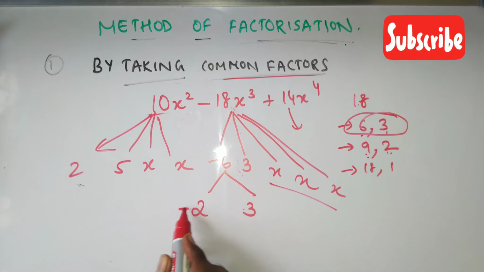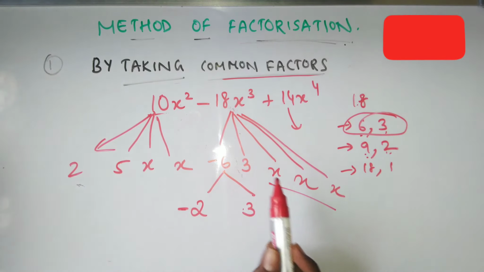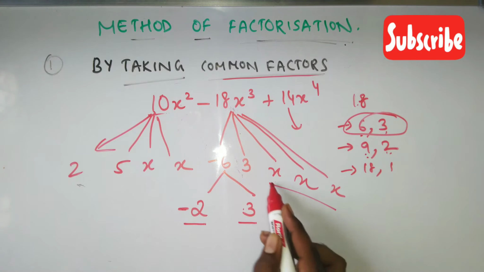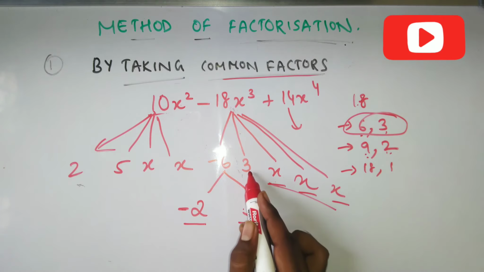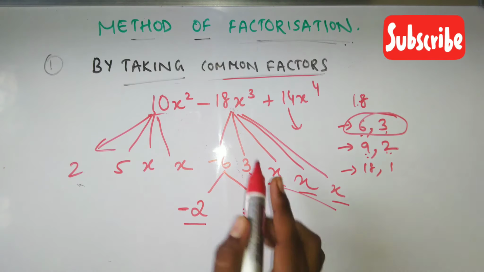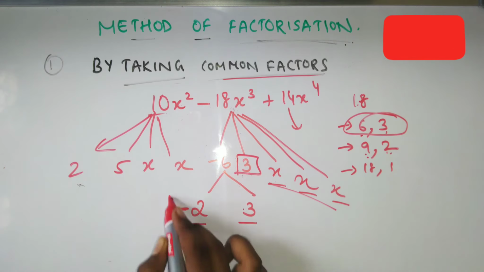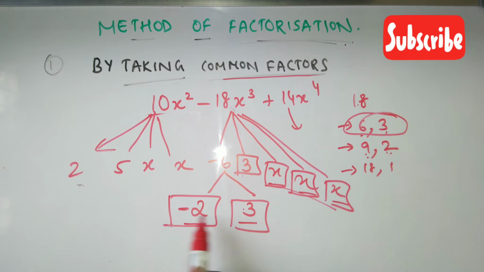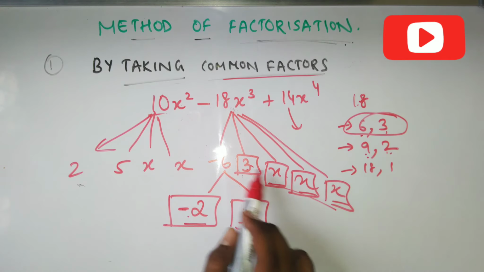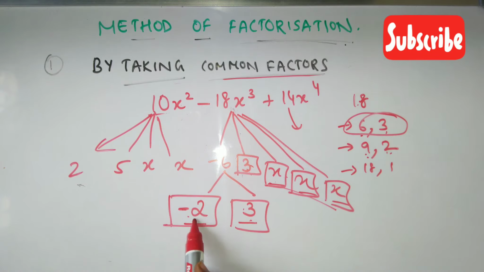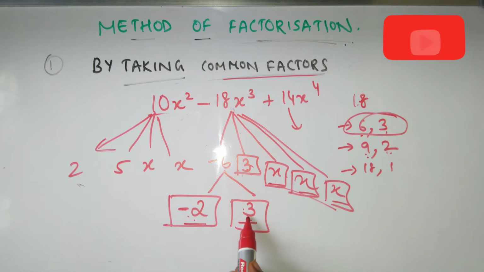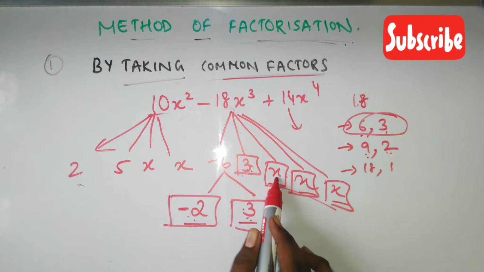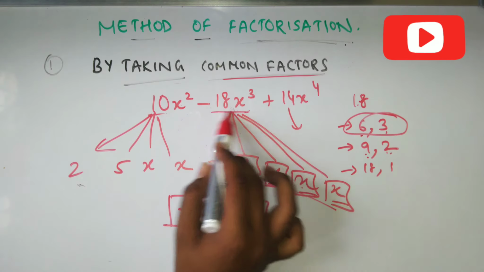You can put it here also. So my second term will become minus 2, 3, x, and one more 3. Now when you multiply all these factors, I should get this term, right? Minus 2 into 3 is minus 6, minus 6 into 3 is minus 18, into x cube, so I get minus 18x cube.